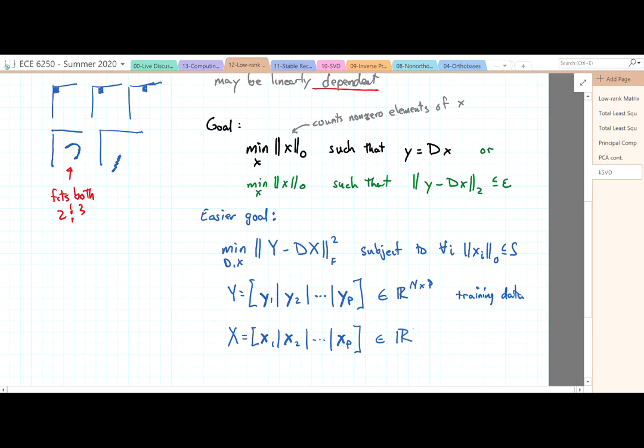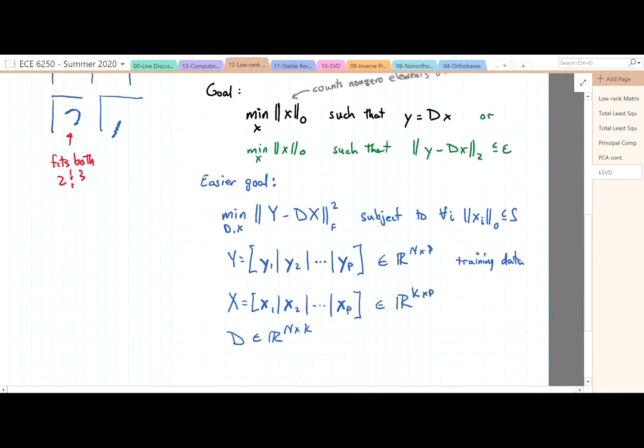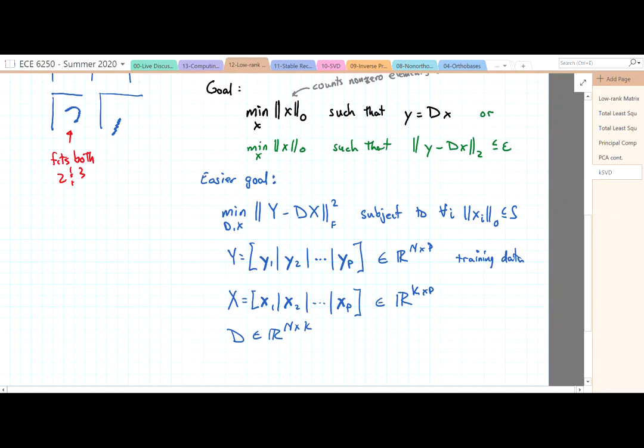X is k by p, and then D as before is n by k. Okay, so what did we switch around? Here we're minimizing the representation error, subject to some absolute constraint instead of some minimum constraint on our coefficient vectors.